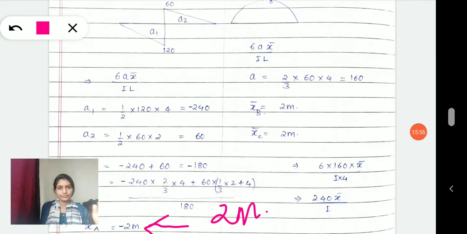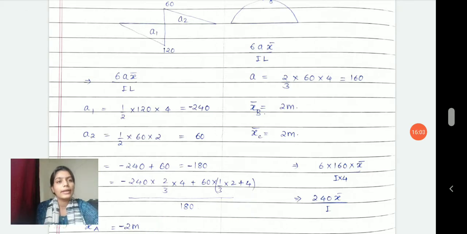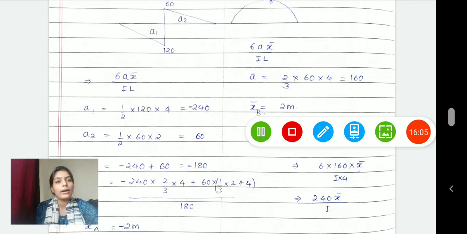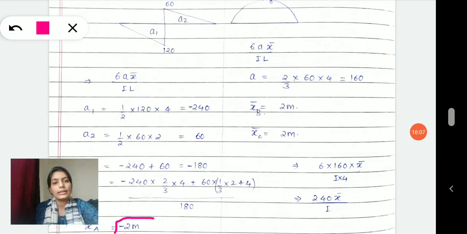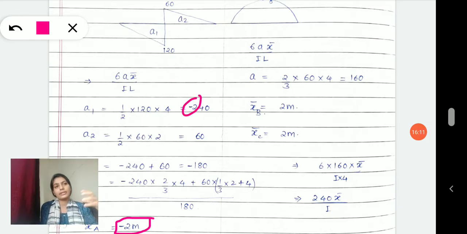Otherwise you will write it as it is, 2 meter. Here the negative sign doesn't represent anything. You might wonder why bending moment comes with a negative sign. Because it represents the nature of the moment: is it hogging or sagging? That is what it tells us.